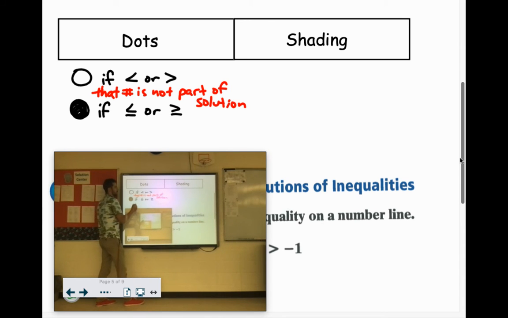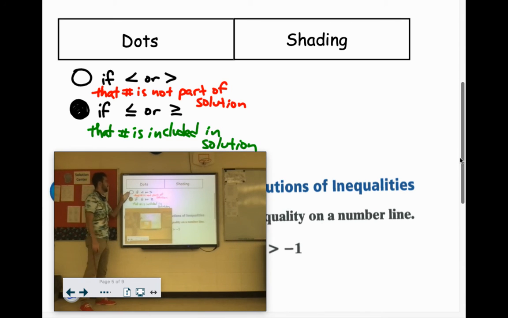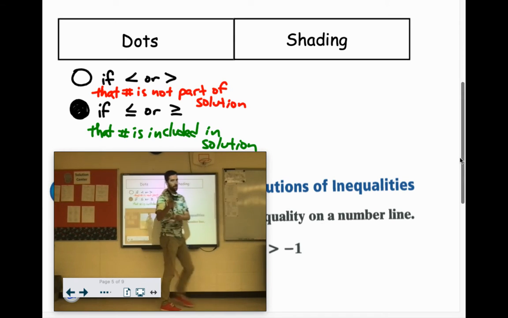It's going to be a solid dot if that number is included in the solution. So the way I always try to remember that is if they're using the extra ink to write the or equal to, then you've got to use your extra ink to fill in your dot.